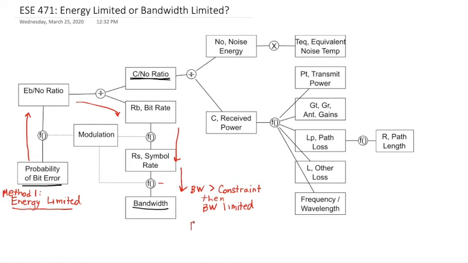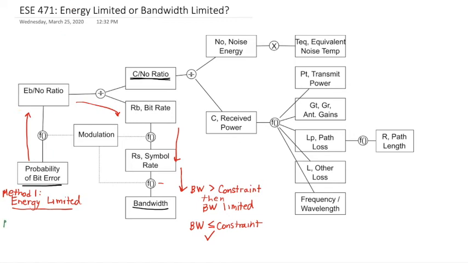But if the bandwidth that we calculate is less than our constraint, then we're good. Less than or equal to, I should say. Then we're great. So it's really in the case that the bandwidth doesn't meet the constraint, then we know we're bandwidth limited and we need to try something else.